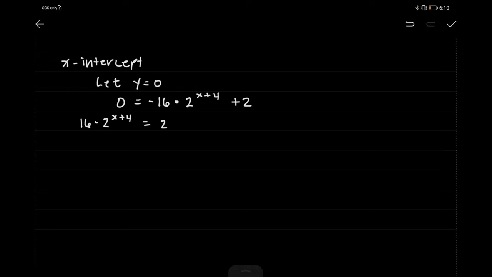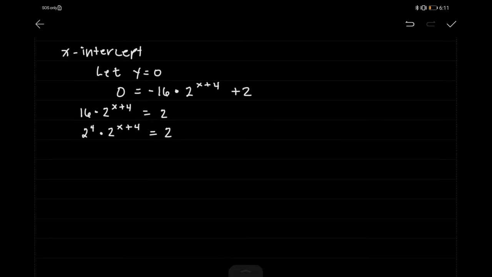So ang 16 natin, we know that 16 is equivalent siya sa 2 raised to 4. Then, times 2 raised to x plus 4, which is equal siya sa 2. So as you observe, equal na tayo ng base sa bawat isa. So, bring down na natin yung ating exponent. So this is 4 multiplied by x plus 4.